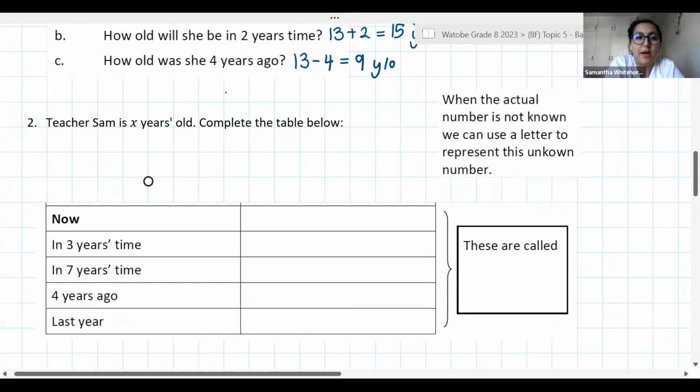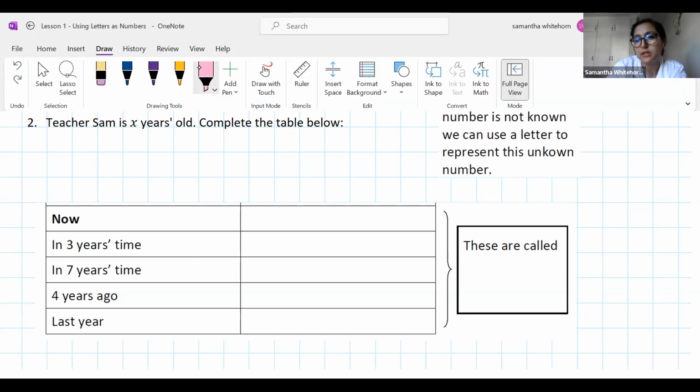Teacher Sam is X years old. So now this is a situation where we're talking about exactly the same thing, an age, but I don't know what the age is. All I know is that we have X years. What's really important here, guys, is that this is essentially what algebra is.